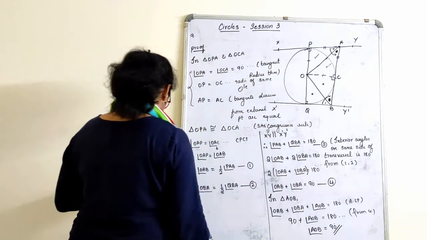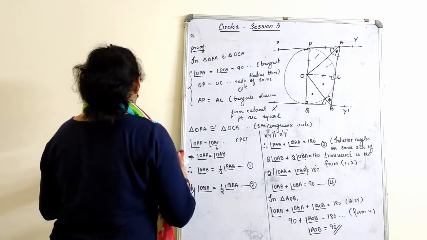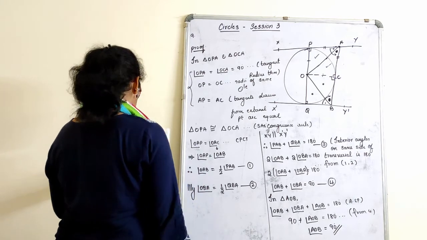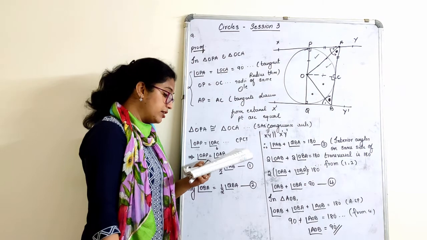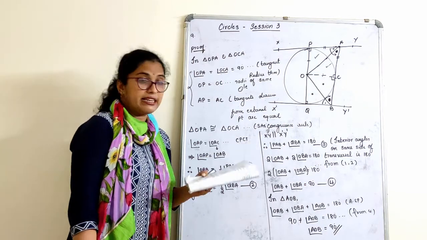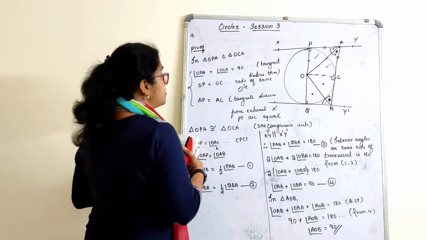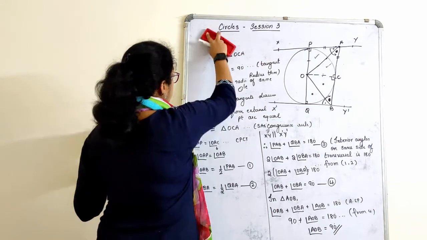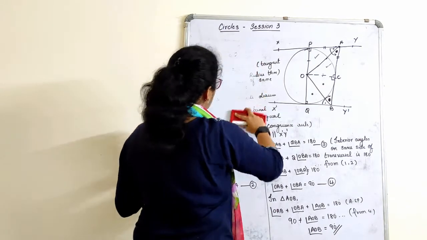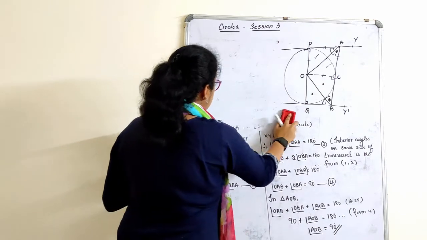Next one. Prove that the angle between two tangents drawn from an external point to a circle is supplementary to the angle subtended by the line segment joining the points of contact at the center. In simple terms, whenever we draw tangents to a circle from an external point, those tangents are equal, right?